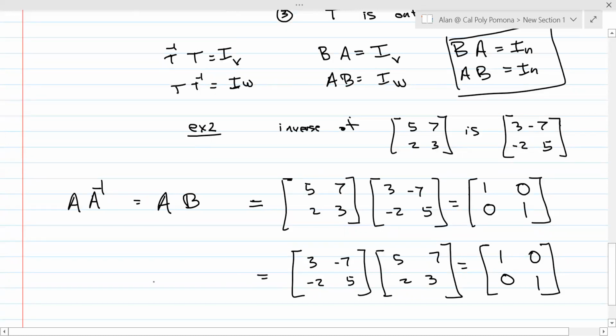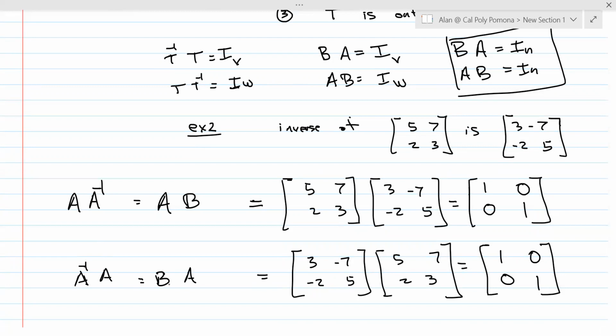And over here, when you're doing B times A, that would be corresponding to this kind of product. So if you're looking for the inverse of a matrix, you're looking for another matrix that has the same dimension, and that if you multiply by that other matrix in either order, you get the same identity.